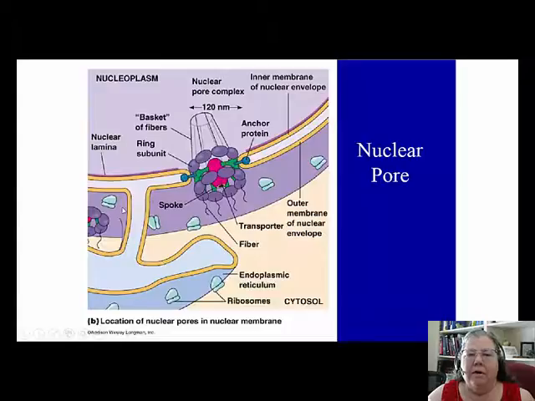We have pores that are formed of proteins and other substances through those two membranes. And we have the outer membrane of the nuclear envelope continuous with the membrane of the endoplasmic reticulum. In here we have ribosomes that are both floating freely and ribosomes that are attached to the endoplasmic reticulum.